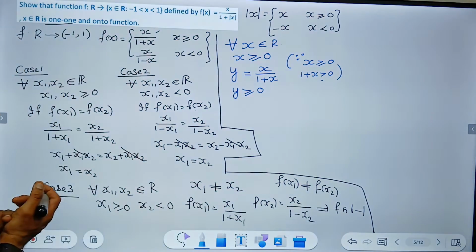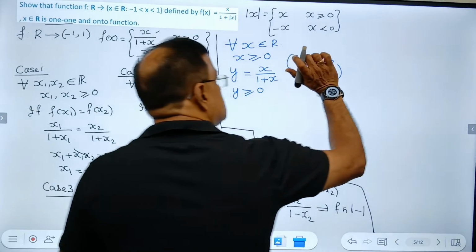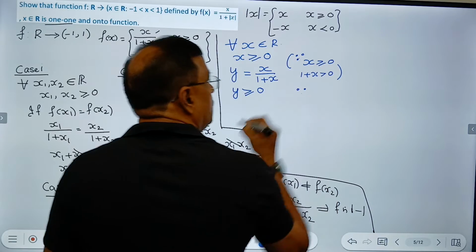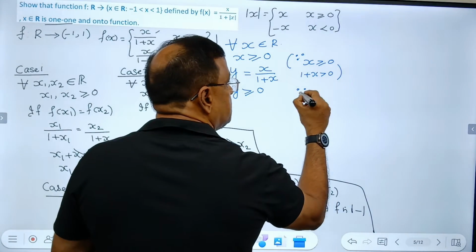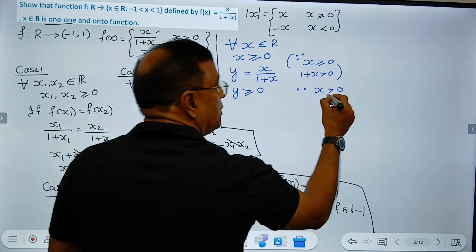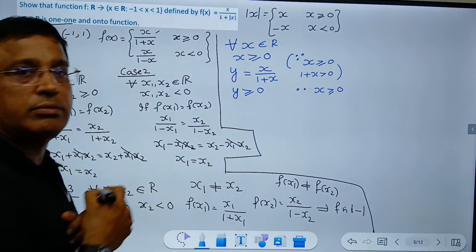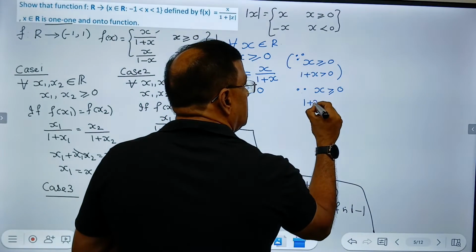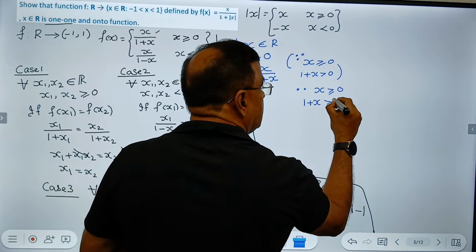Is that clear? Now, clearly x is a positive number, right? So see the next part. What is the next part? x is positive, right? Now what do you say about 1 plus x? Definitely 1 plus x will be greater than x, correct?